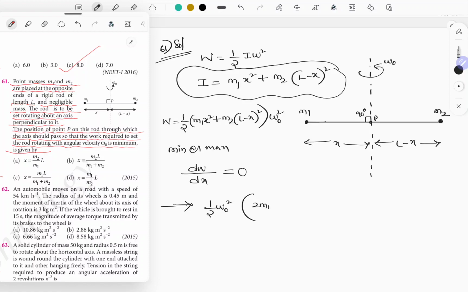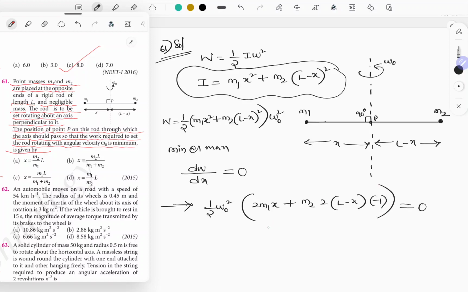So 2 m1 x plus m2 into L minus x whole square is differentiated as 2 times L minus x, and the differentiation of the terms inside is going to be minus 1. So equate it to 0.